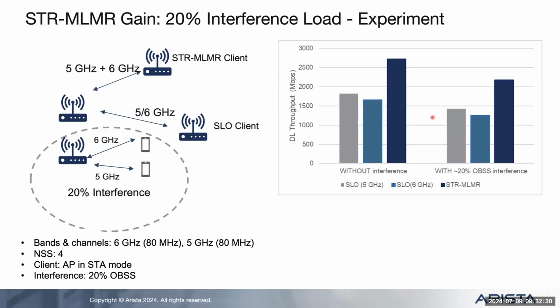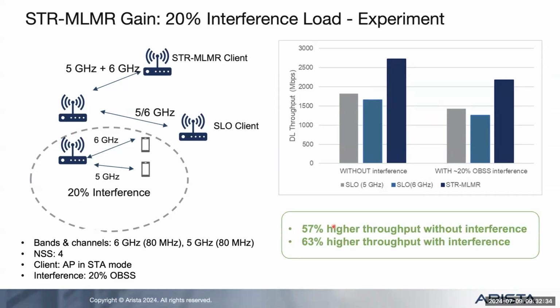That is the key takeaway, even with OBSS. We measured 57% higher throughput without interference and 63% higher throughput with interference.